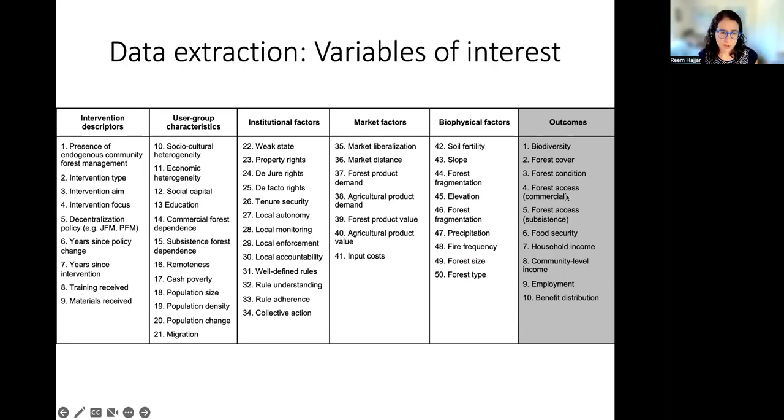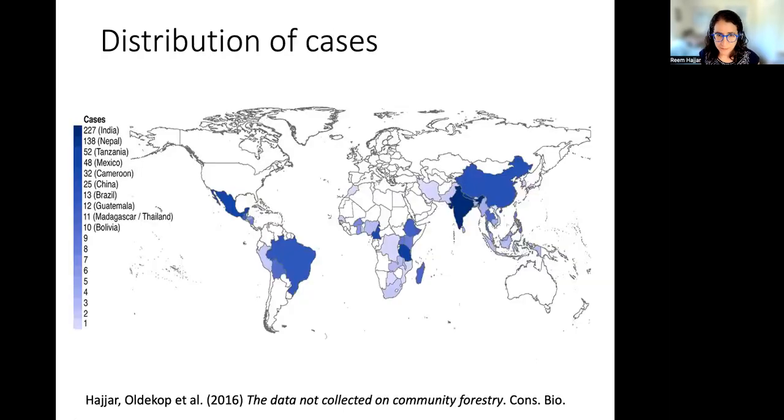So forest condition or forest health, and then livelihoods being the household and community level incomes and employment, and rights, which was a summary variable of forest access for both commercial and subsistence purposes. And so we took out all this data, we had this big database, and we started to analyze that information.